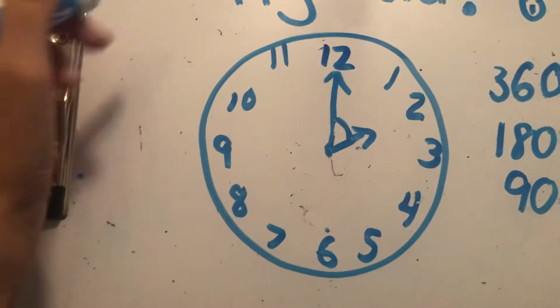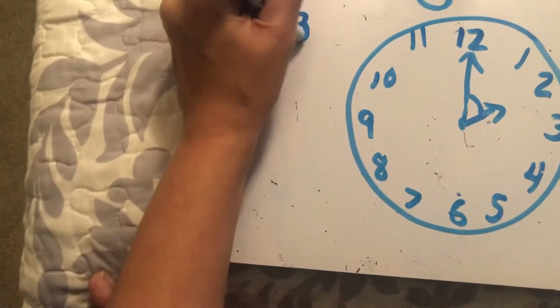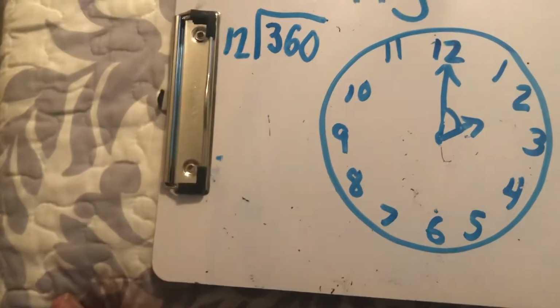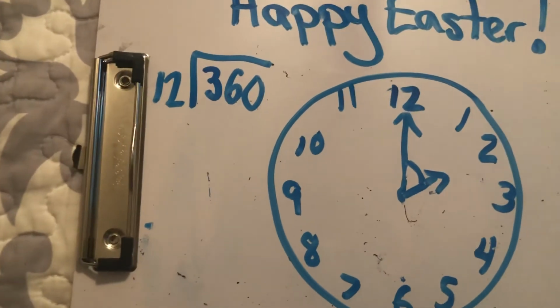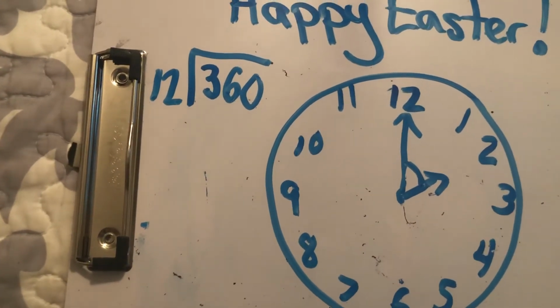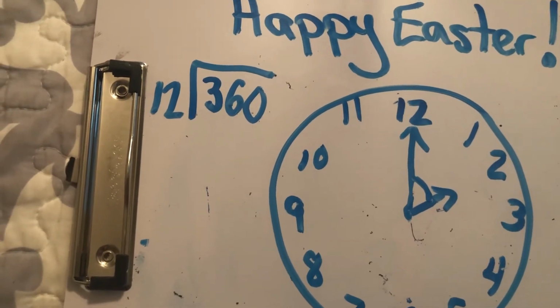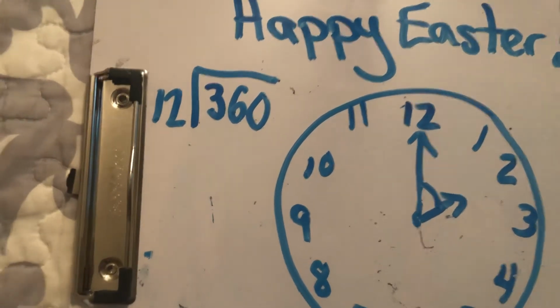So when we go ahead and we take our 360 and we divide it by 12, which we did not learn double-digit division, but if you know your 12 times tables, this shouldn't be too hard.